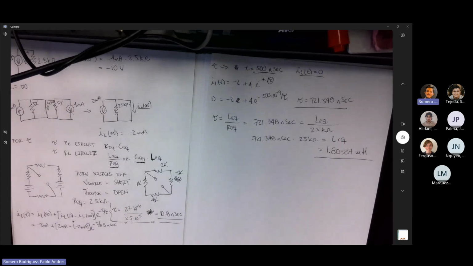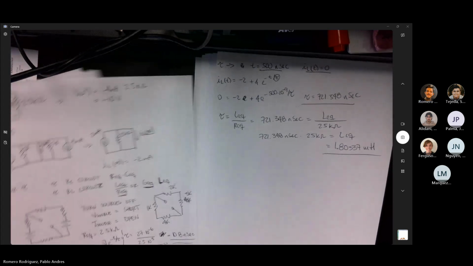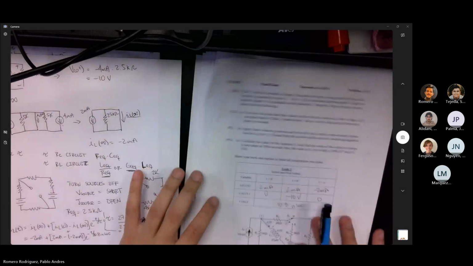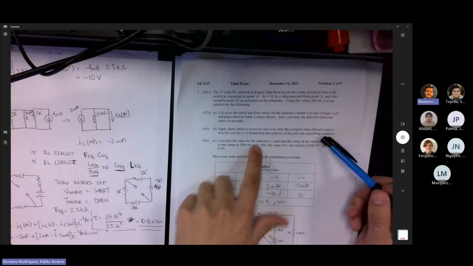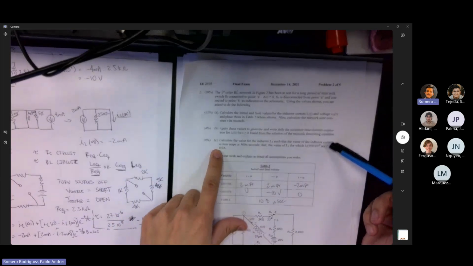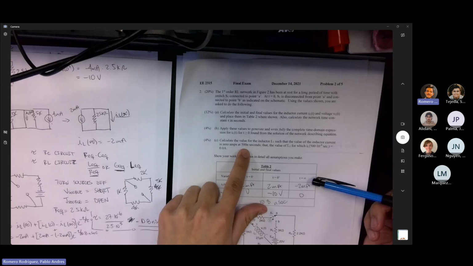Any questions on this problem? Wait, what part did you ask again? He's asking for the value of the inductor such that the inductor current is 0 at 500 nanoseconds.